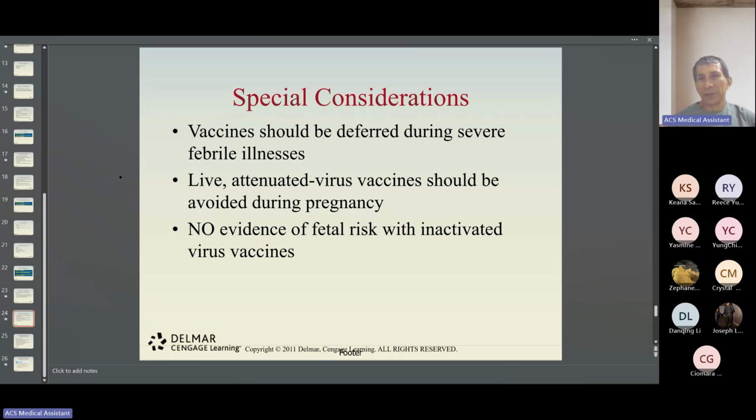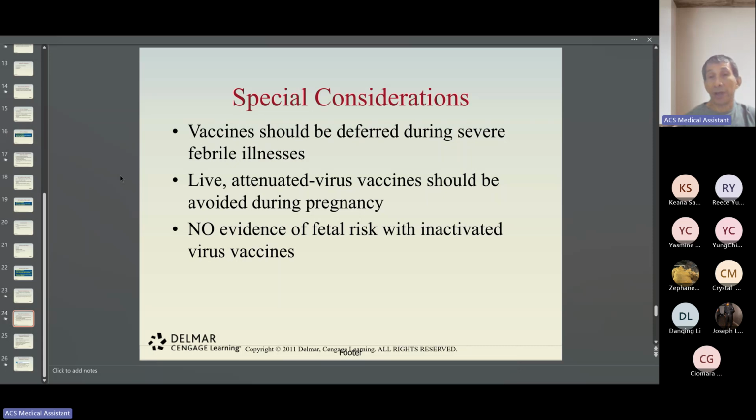Vaccines should be deferred during severe febrile illness. Every single child that has a condition that is an infection, infections are the only ones that cause the body temperature to increase, which is called fever. If you have fever, many things are not done.